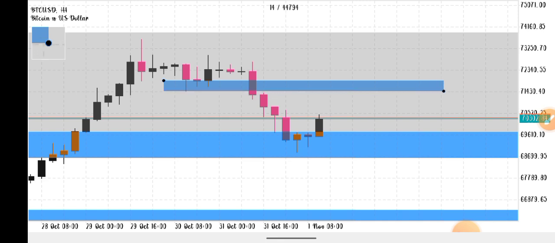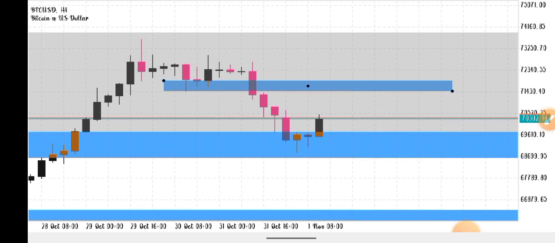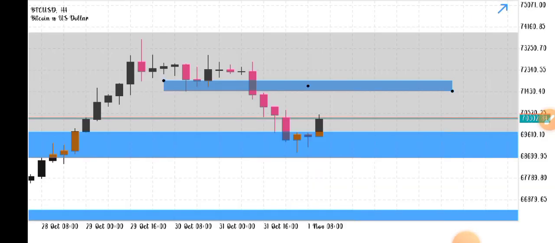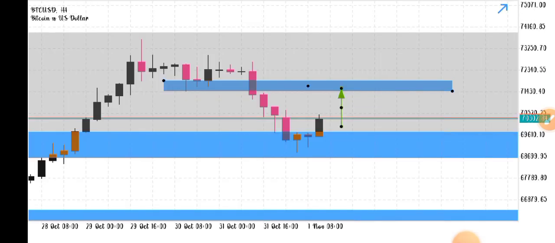So why did I say so? It's going to be doing a little bit of selling because it's going to get to this place, maybe retest and come back to the zone before moving upwards, right?